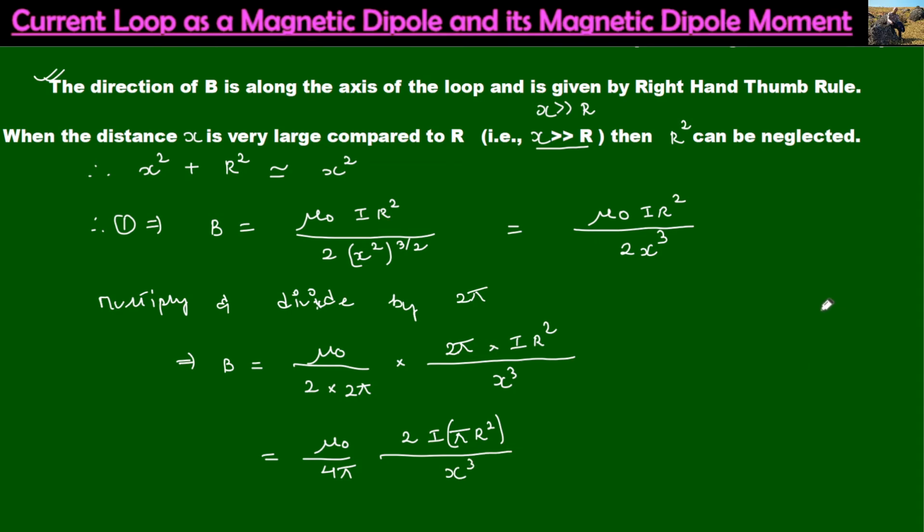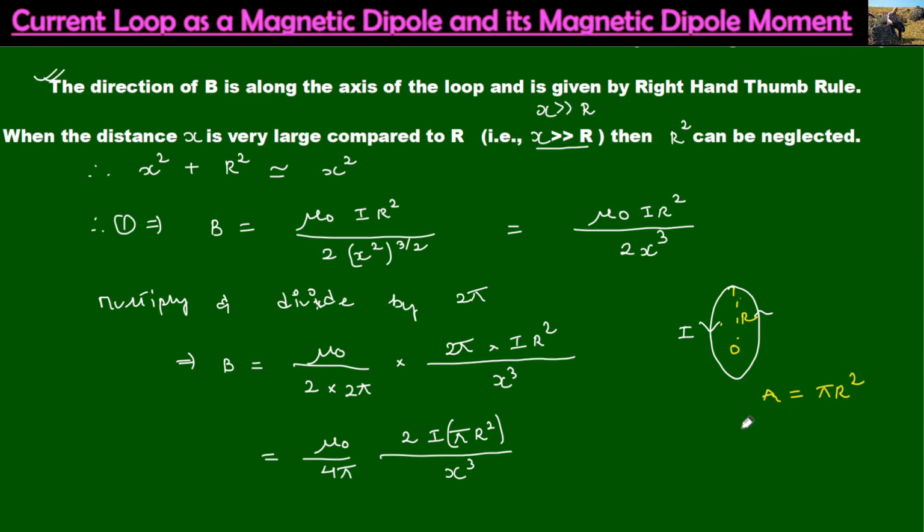But when you look at the coil, the coil is in this form, and the current I is moving through it. This is the area of the coil. The radius is from that point up to point O, so the area of the coil will be equal to pi r square.